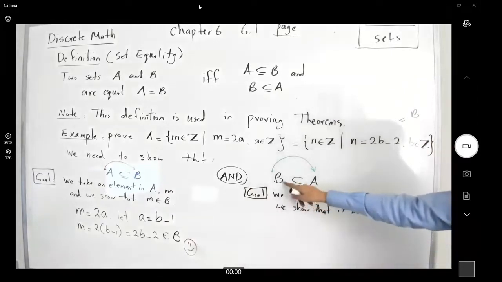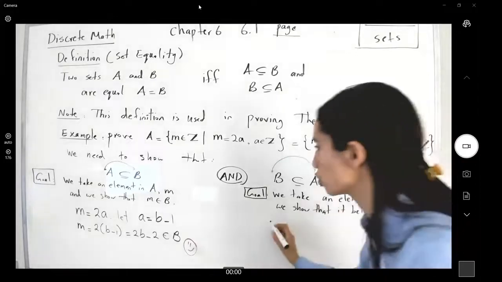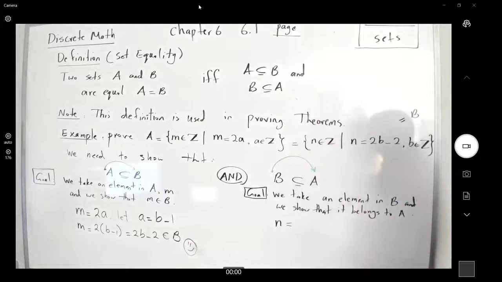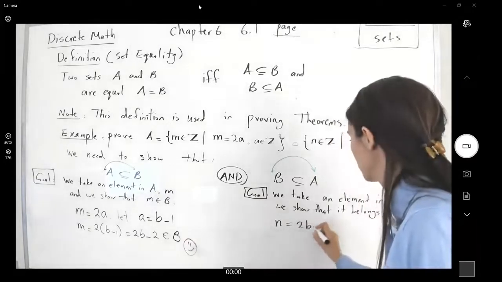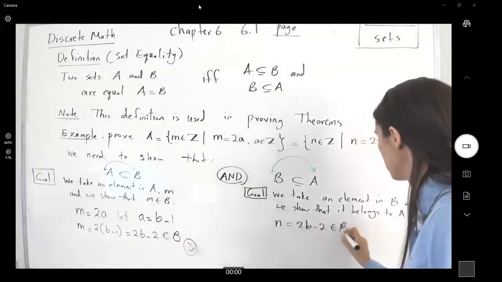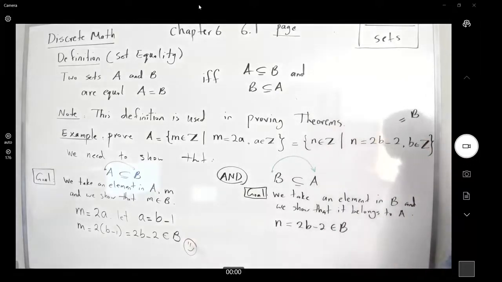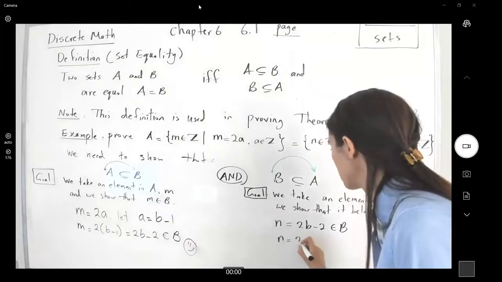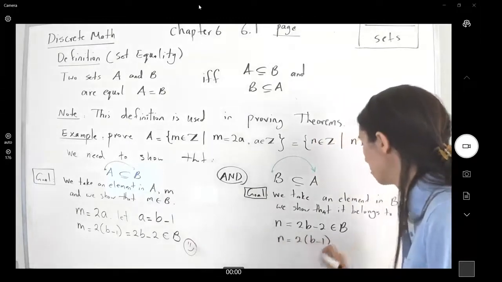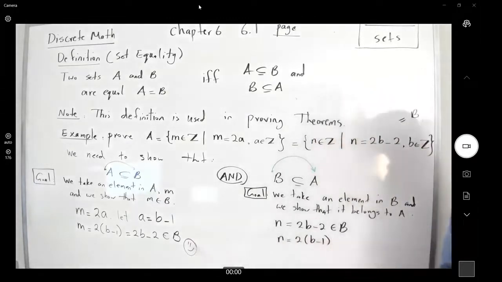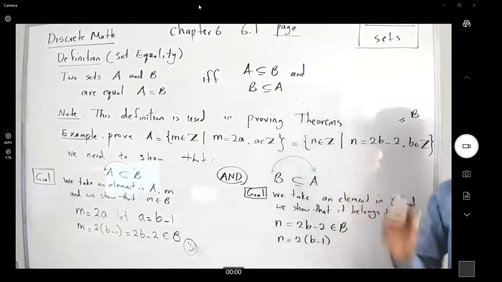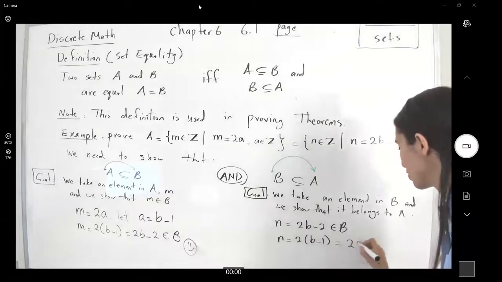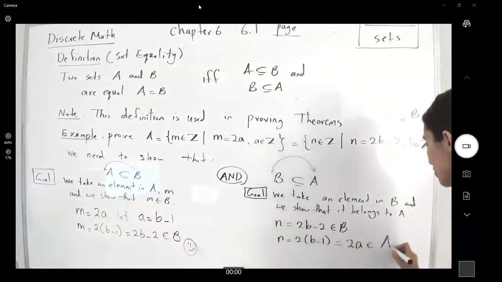So let us take a random element in B, call it N. So N, which is written as 2b minus 2, belongs to B. Well, if I factor out 2 here, N can be written as 2 times (b minus 1). b minus 1 is just an integer. I can call it a. So I have 2 times a, which belongs to A.